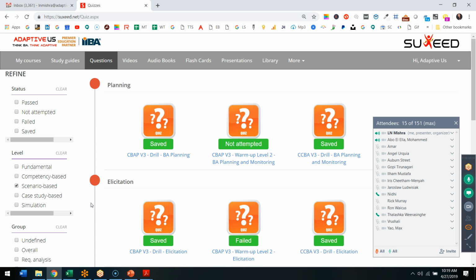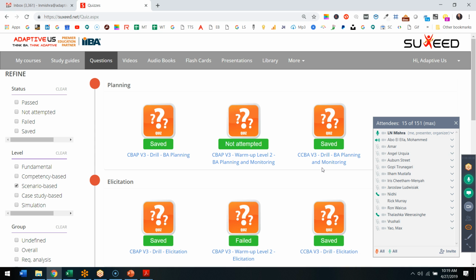Okay. When I click on scenario based, I don't see three tests. I see the BA planning, I see the warm-up level 2. I don't see the drill, BA planning and monitoring. Which one don't you see? This one? Have you taken CCBA or CBAP? CBAP. Then this probably will not apply to you so much.